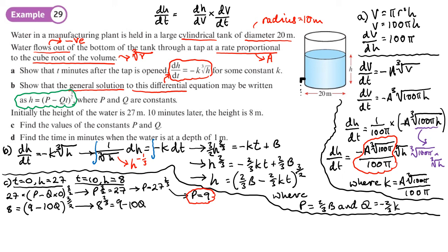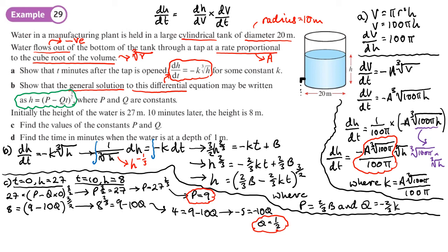Now the cube root of 8 is 2, 2 squared is 4, so we end up with 4 equals 9 minus 10Q. That should be easy enough. So we will take away 9 from both sides, so we end up with negative 5 equals negative 10Q. So Q is not 2, it's a half. So Q is a half, and we'll just highlight that there.